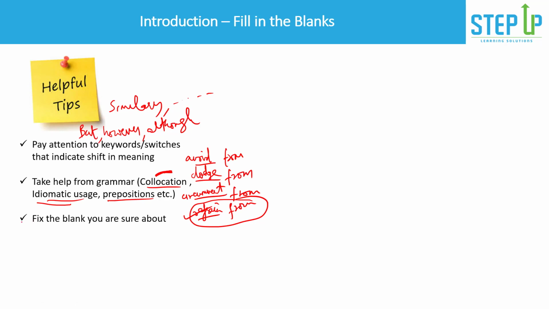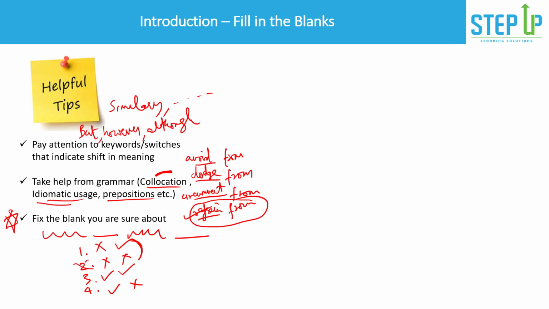One thing especially for the double blank question is to fix the blank you're sure about. Let's say there's a question and you have to fill this blank and then this blank. Option choices are like this: 1, 2, 3, 4. You'll realize that in the second blank only these two can go.